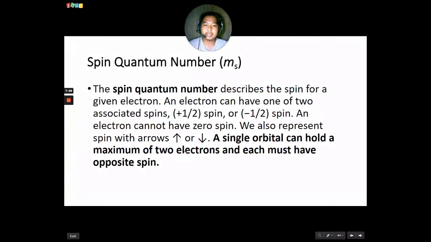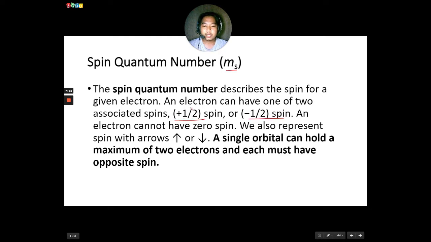It will make sense after I introduce to you the last quantum number, the spin quantum number, indicated by MS, S for spin. It describes the spin for a given electron. They discovered that electrons are either spinning upwards or spinning downwards.